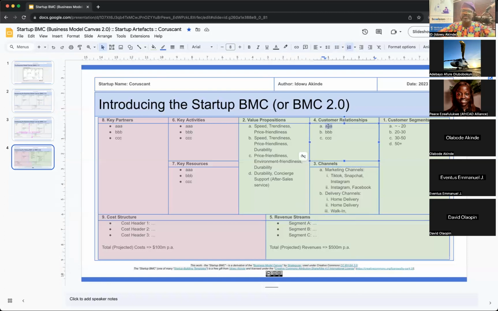Now for number 4, what are the types of customer relationships you want to build, develop, or nurture with your customers? You typically want to say, people under 20, do they like self-service? I think so. Do they like being catered to through some kind of customer service? Yes.